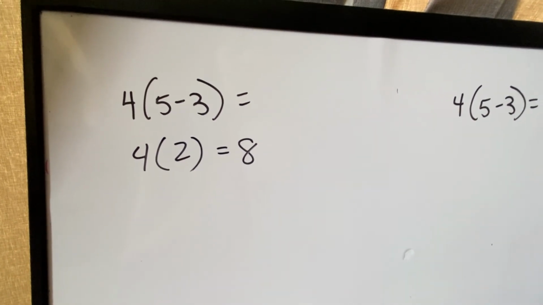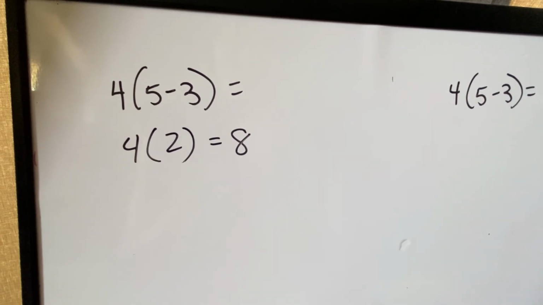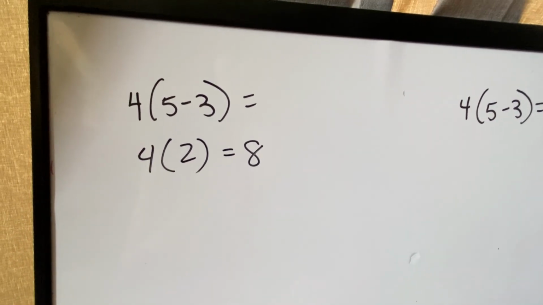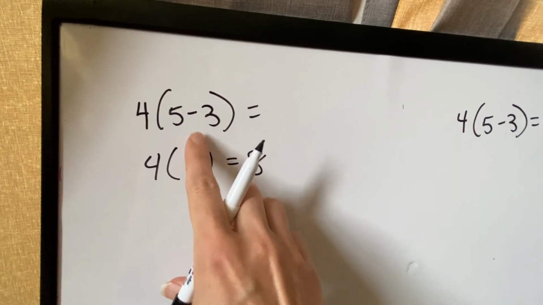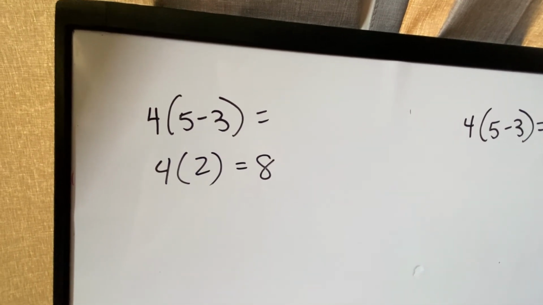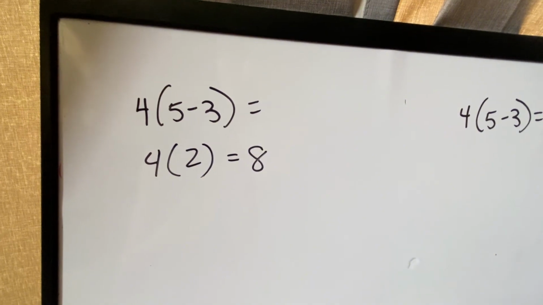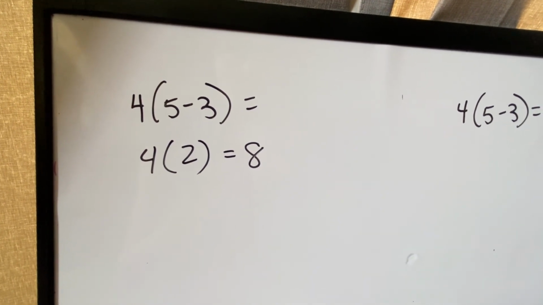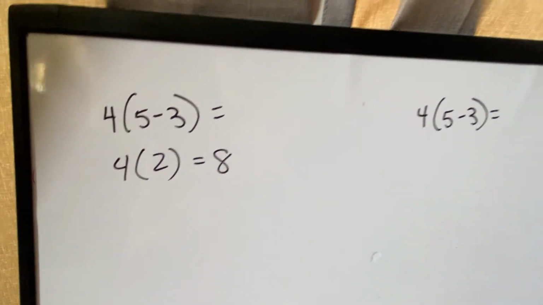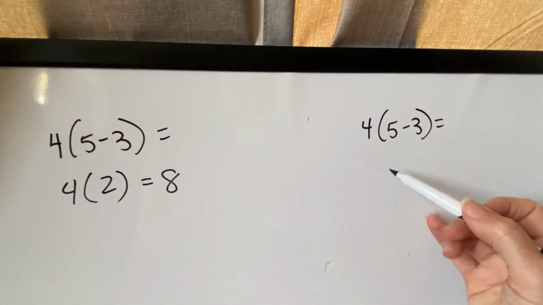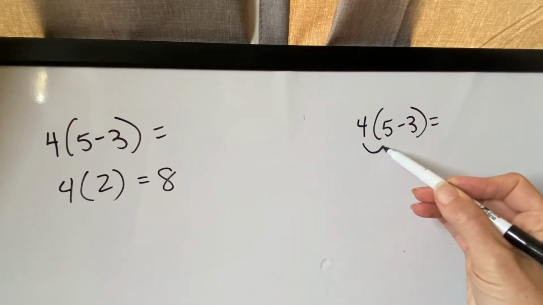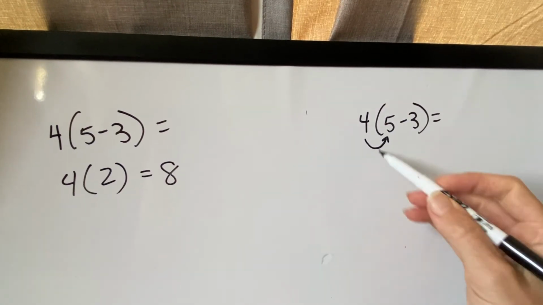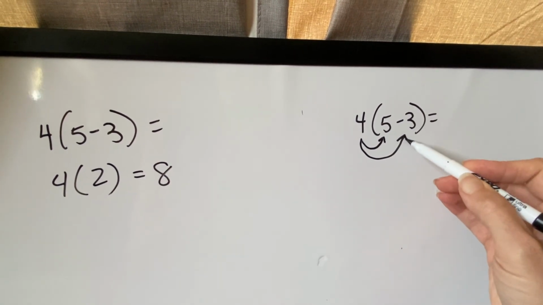So there's another way you can do it where basically you're multiplying first and then subtracting. So here we subtracted, or we added a negative 3 to the 5 to get the answer, and that's what we did first. But now we're going to multiply first over here on this side. So what we're going to do is take our 4 and times it by this number. Then we're going to take it times that number.